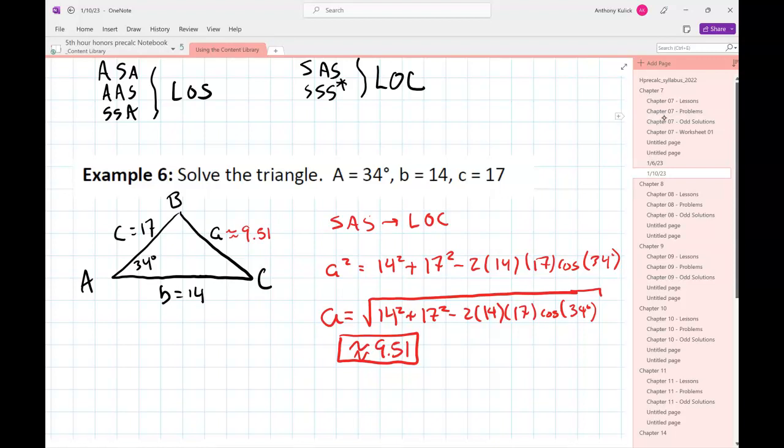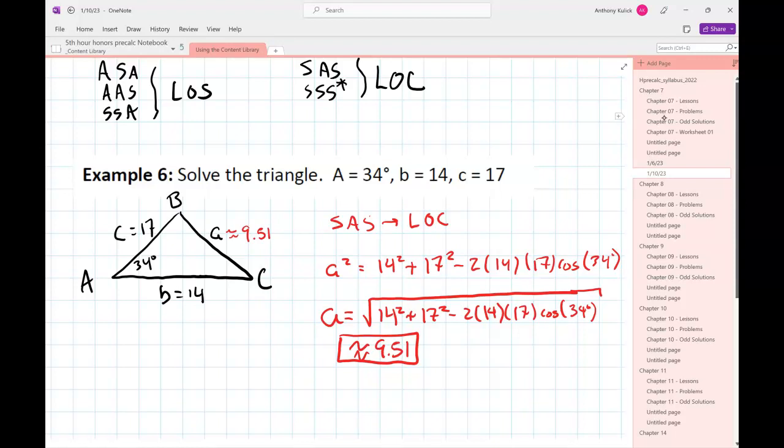So now we have to solve for either angle B or angle C. Do you suppose it matters which one we do first? Yeah. It definitely matters in this case. Why all of a sudden is it mattering when it didn't matter before? Because it's going to be an SSA situation.